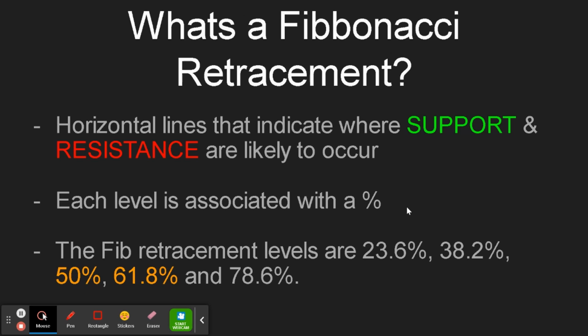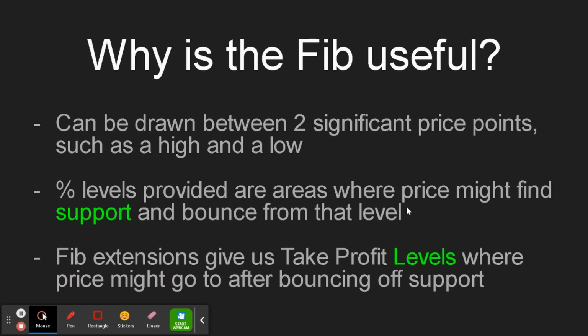The 50 and the 61.8% levels are mostly known to people as the golden levels, as historically and backtested, when price is trending in one way, when it retraces, it usually retraces halfway, which is the 50% level, or the 61.8%, and bounces from those levels. Thus, those two are the golden levels.